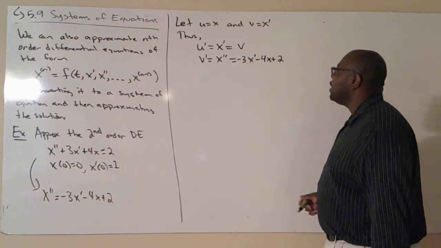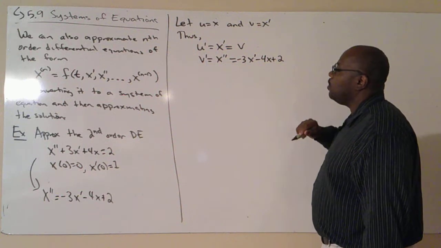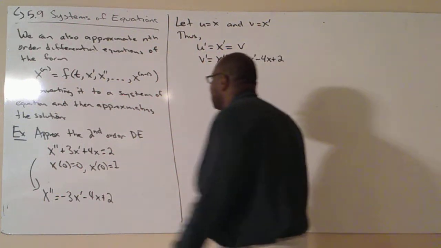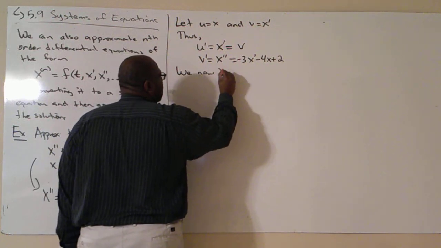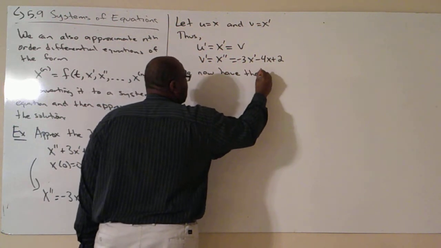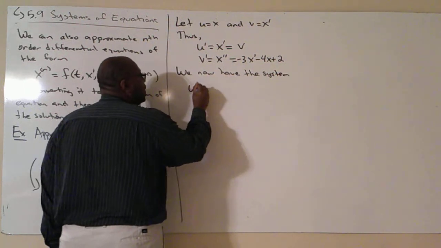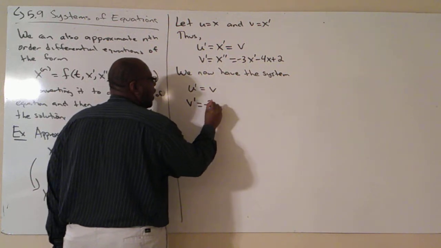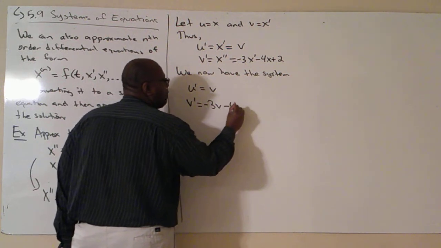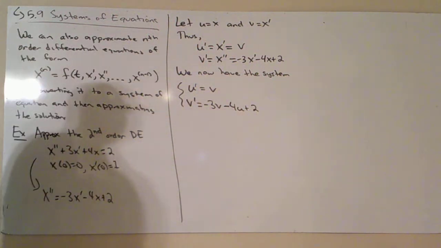But what in the world is x prime? Well, x prime we already said was v, and x is u. So finally I can write it as a system in terms of u and v: u prime is equal to v, v prime is equal to negative 3 times v minus 4 times u plus 2.